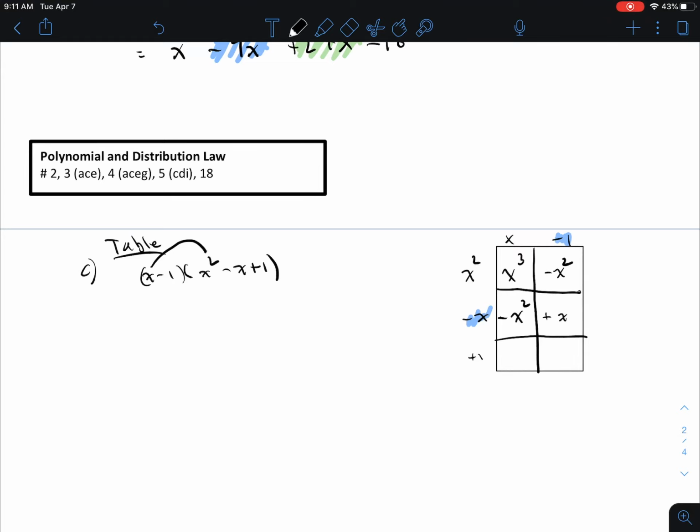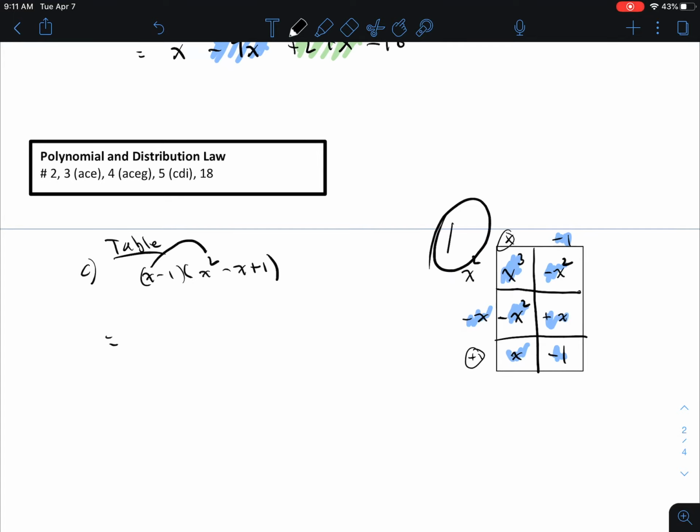Then positive 1 multiplied by x is just x, and positive 1 times negative 1 is going to be negative 1. Okay, so that's it. Now you've filled the inside of the table out. Now your job is just to take all the terms that are in here and rewrite them in a line. So you should get 6 things, right?